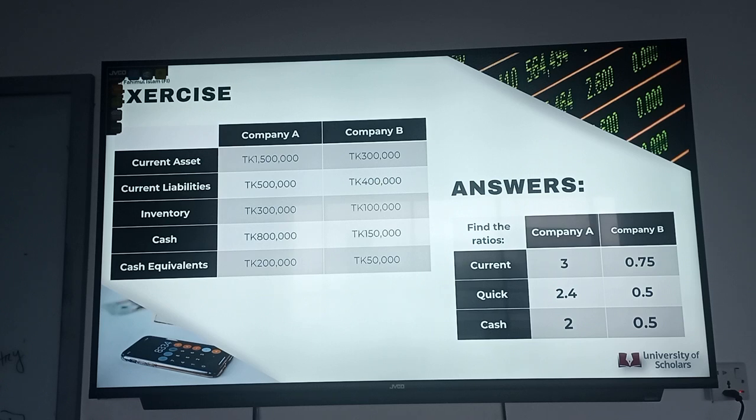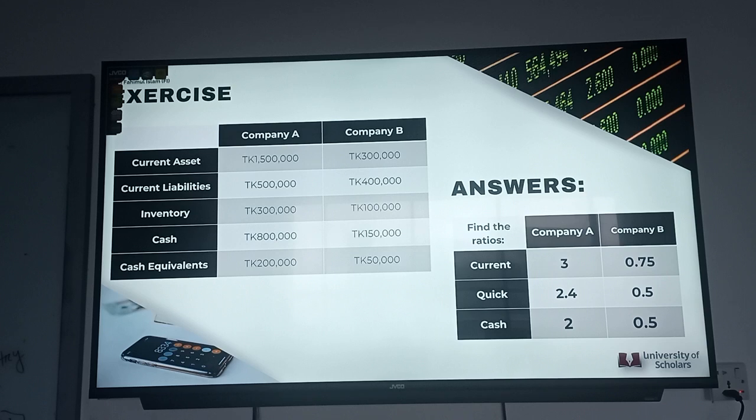On the other hand, company B has lower than 1 current, quick and cash ratios, which is a significant potential risk and challenge they will face. 0.75 current ratio indicates a potential liquidity challenge.